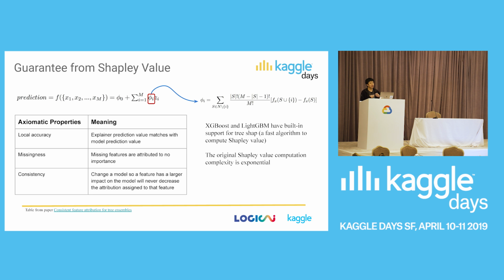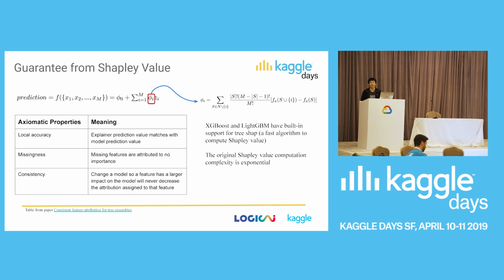And if you look into the original algorithm, you might notice it takes exponential time. The complexity is exponential because you need to take all these permutations into account. Luckily, if you play with tree models, your life is much better, because in tree models there's a simpler way to compute it.